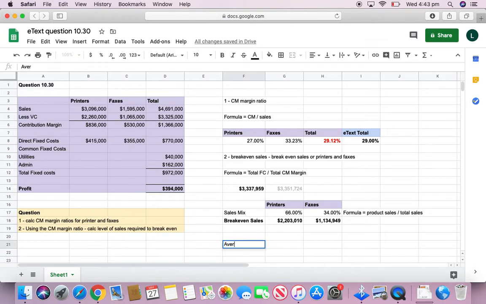So average CM ratio, which equals, for the printer, CM dollar value over total CM dollar value, in brackets, then multiplied by the total CM margin ratio.